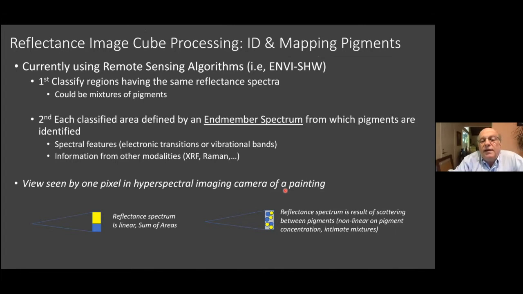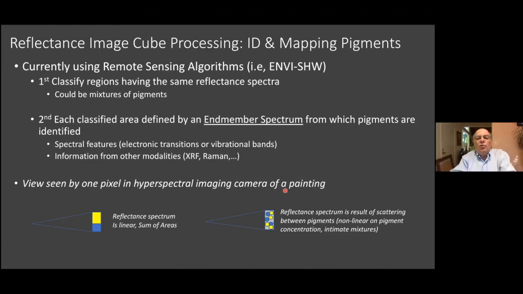Sometimes we get lucky and there's a sufficient amount of information in the spectral features in the reflectance spectra. Other times we have to reach for the elemental information from XRF. We have XRF maps, and sometimes we even have to go to other tools like Raman or to take samples. So kind of a two-step process.